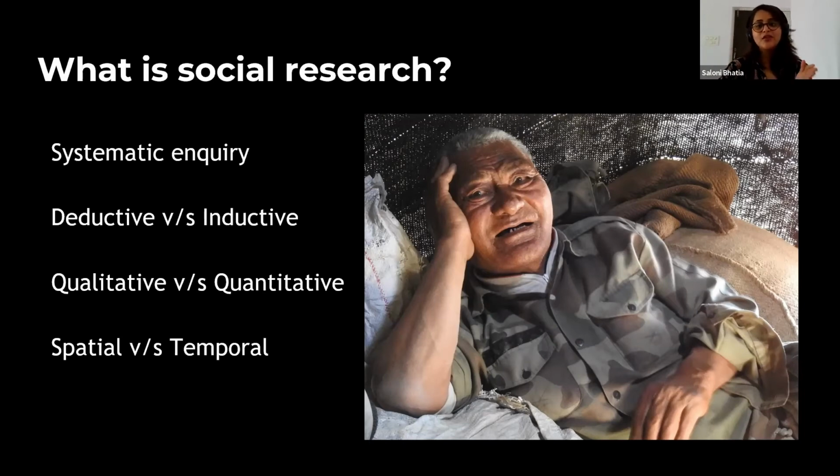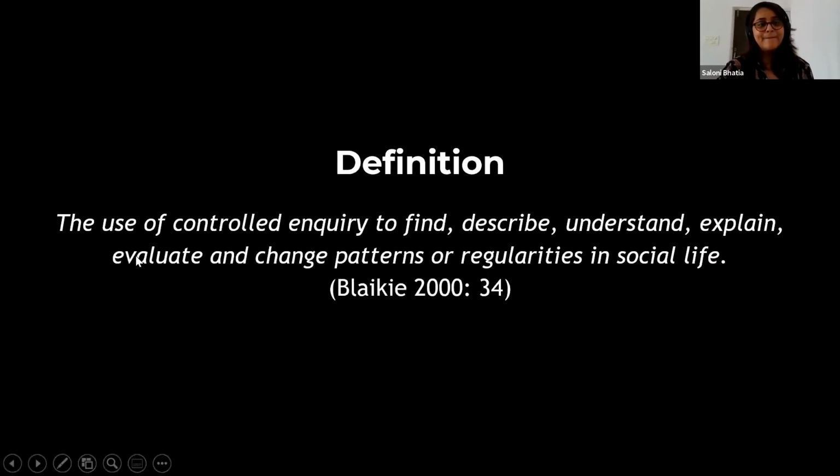So it was in the late 20th century that social research for conservation really started being taken more seriously. This is one definition of social research. As you can see, the use of controlled inquiry to find, describe, understand, explain, evaluate, and change patterns or regularities in social life. This is a definition by Blaikie.